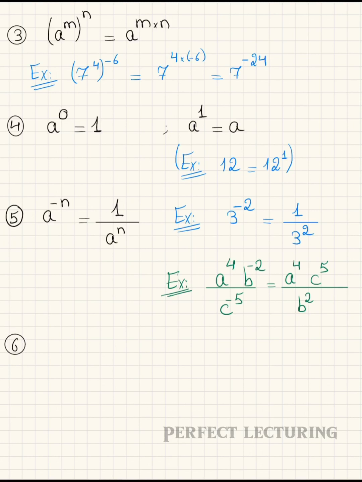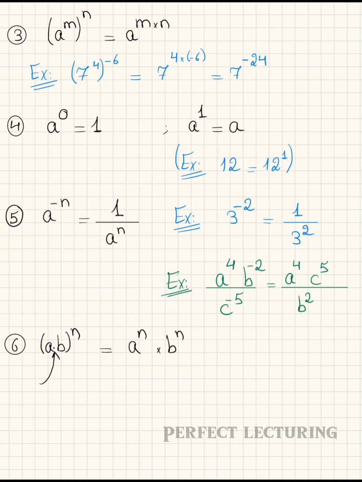The next formula is ab to the power of n. If I have two numbers, I am multiplying these two numbers, and I have one exponent at the top, which acts on both numbers. I can simply say it's a to the power of n times b to the power of n.